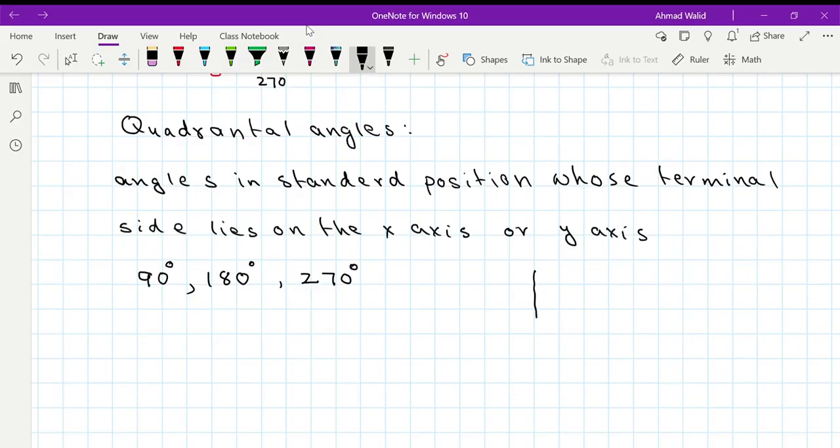Because the initial side of 90 degrees, for example, you see the initial side of 90 degrees lies on the x-axis and the terminal side lies on the y-axis, right? This is your 90. That's why we call it quadrantal. Or if you look at 180, right?